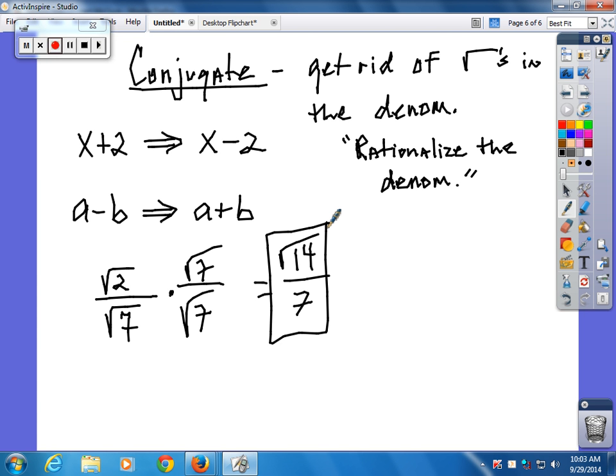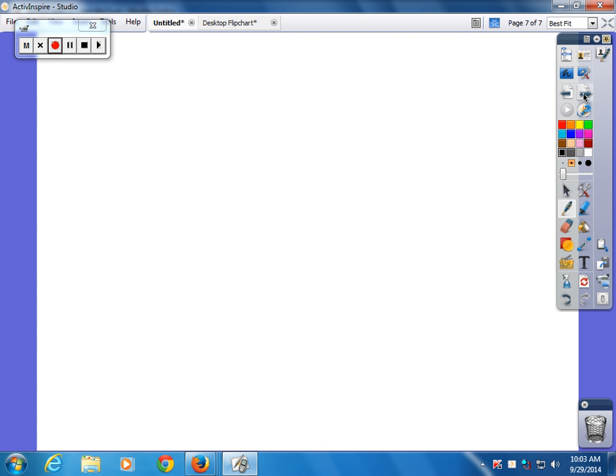But what if you have something in the denominator that's not single? Well, then you're going to have to use the conjugate. Let's go with x over the square root of x plus 7. Now here we have a radical in the denominator, and it is a 2-term polynomial in the denominator.